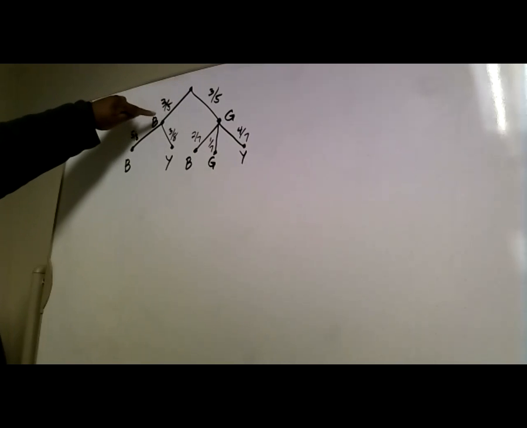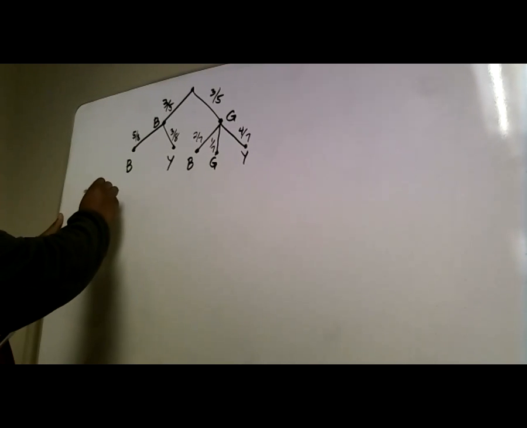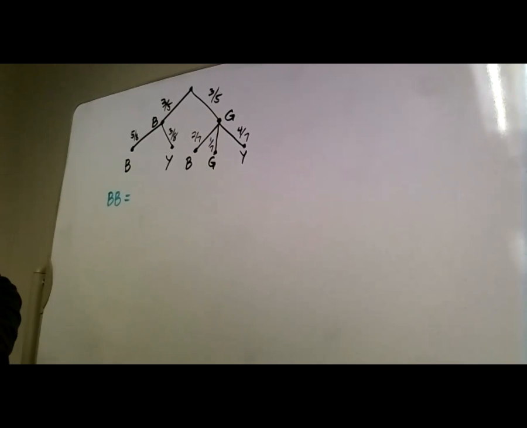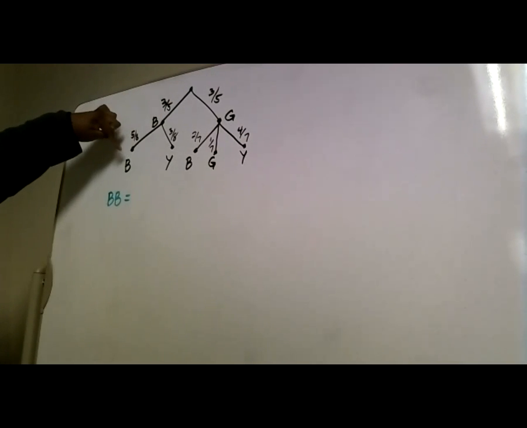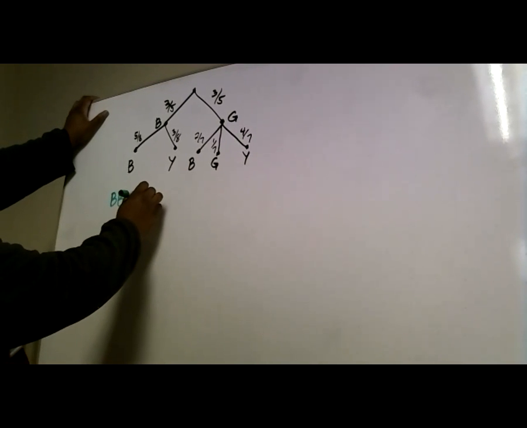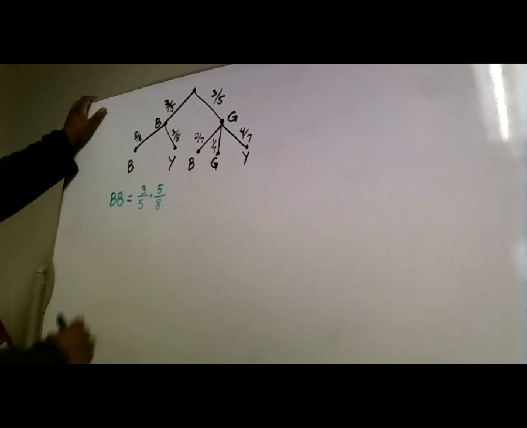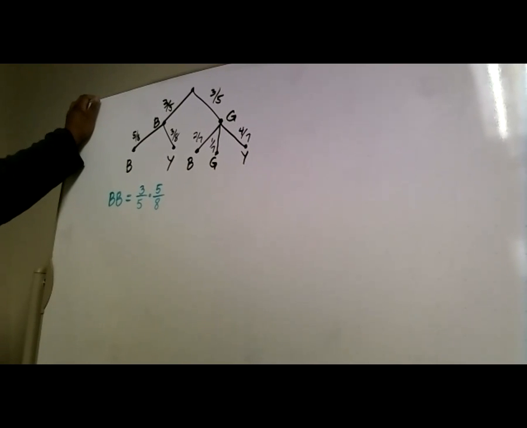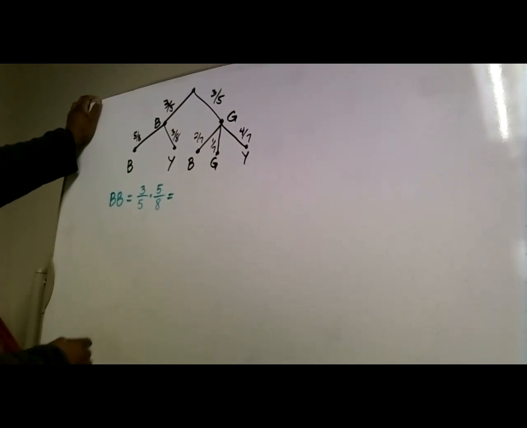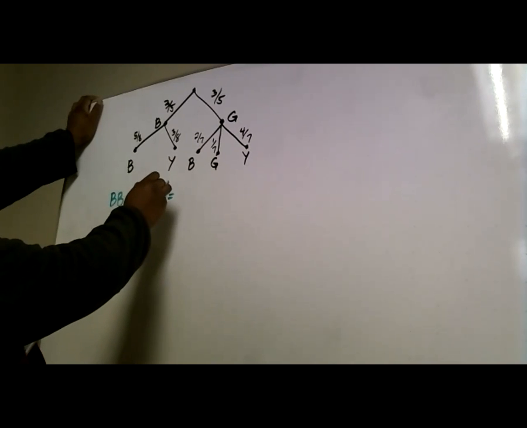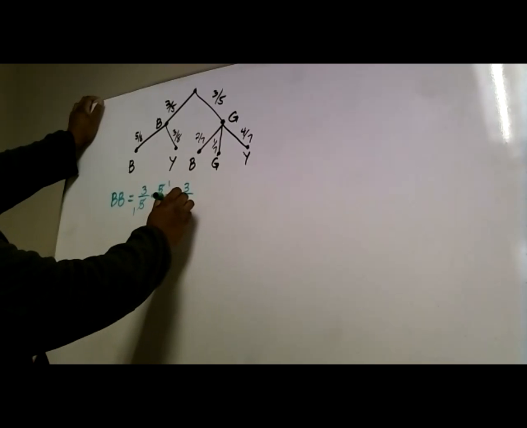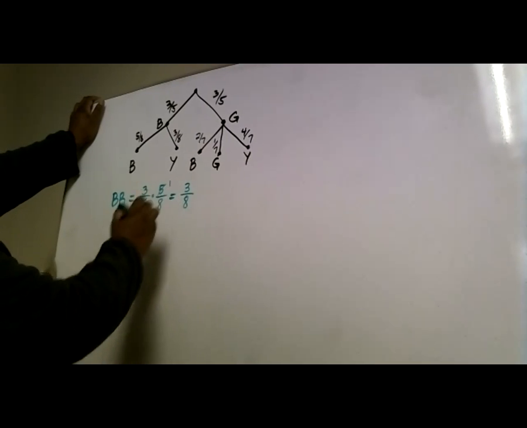Starting here, we got a B and a B. So that means from a B to a B, we have to do 3/5 times 5/8. And let's say I want this as a fraction in simplest form. Well, I know something here, these 5s divide out. That'd be 3 times 1, which would be 3, over 1 times 8, that would be 8.